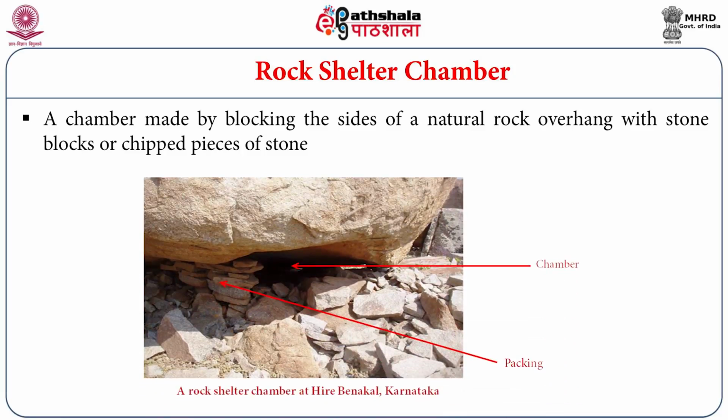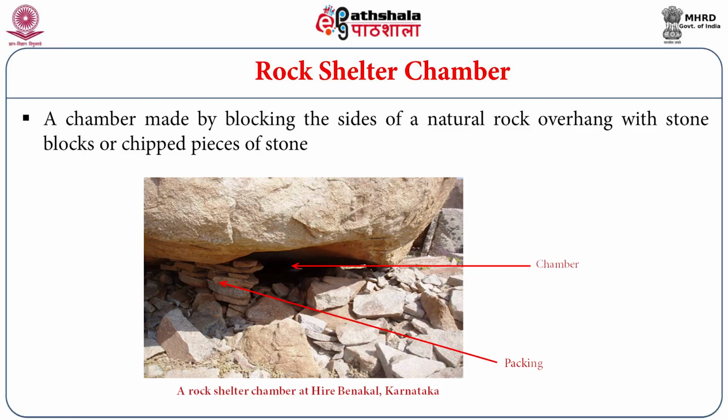Here you see another variation in the burial type. Here they have created a chamber using a boulder, and sometimes they have also used chipped stone as packing. Sometimes you have this kind of burial types also. People are making different kinds of variation from the standard burial types.